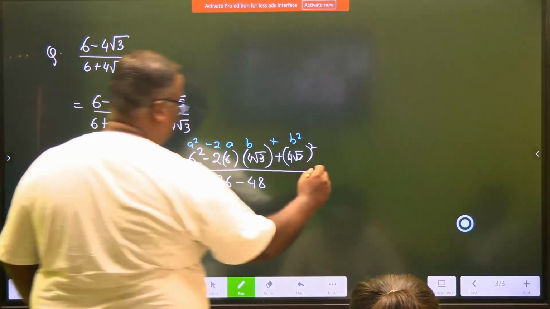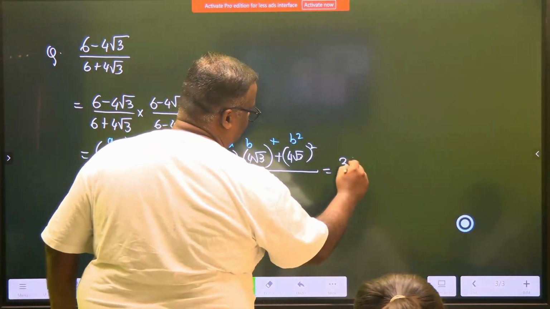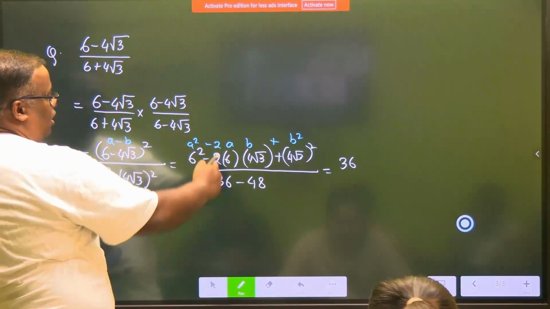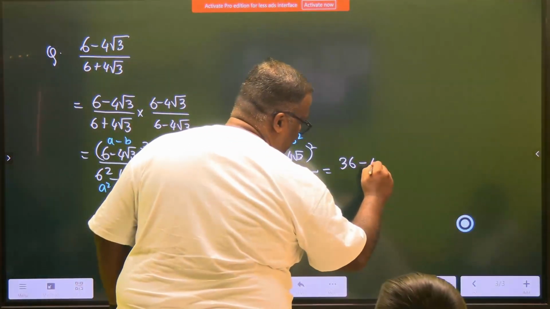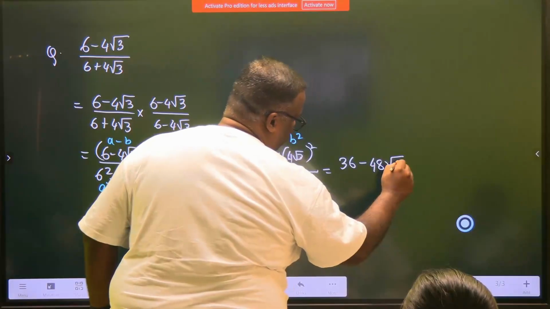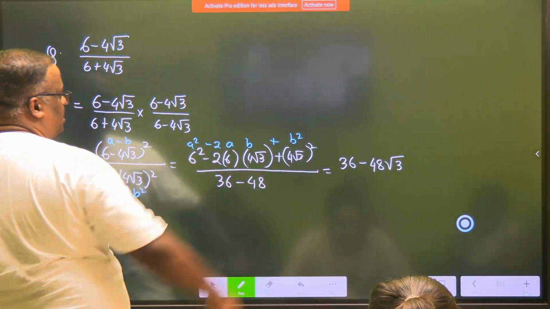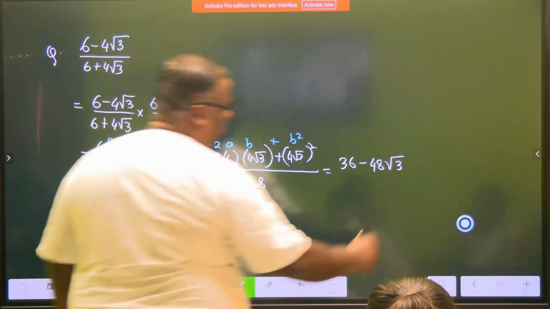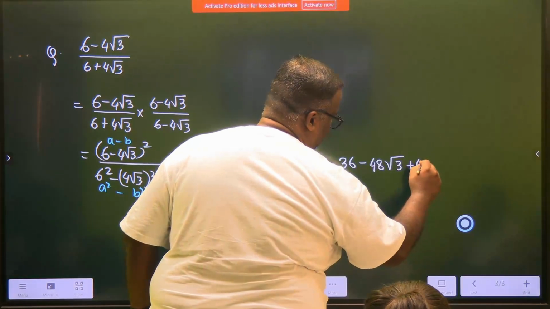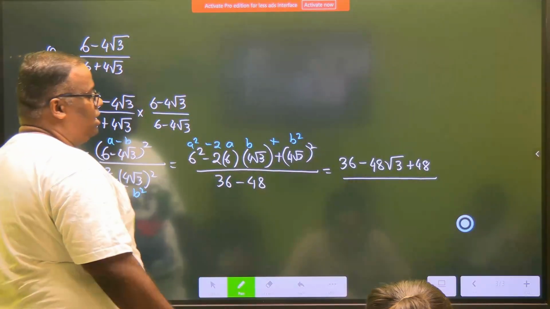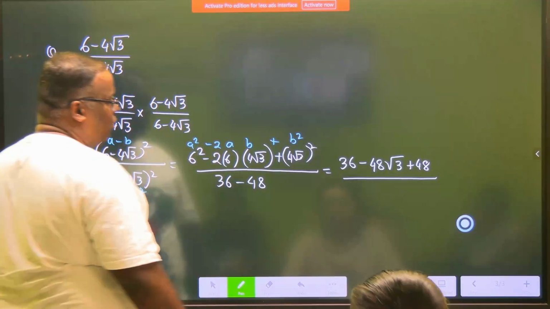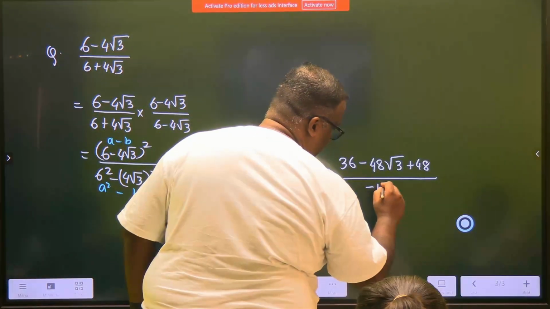Let's solve it further. 6 square will give me 36. 2 into 6 is how much? 12. 12 into 4 is 48, however negative 48 root 3. And 4 square is 16. 16 into 3 is how much? 48. Upon what, children? 36 minus 48. That is negative 12.